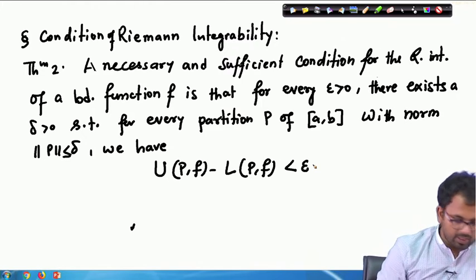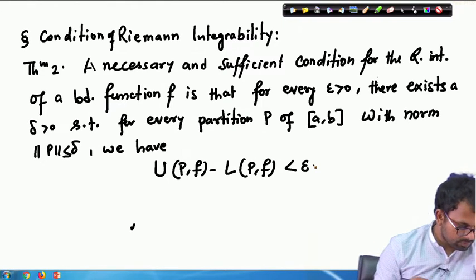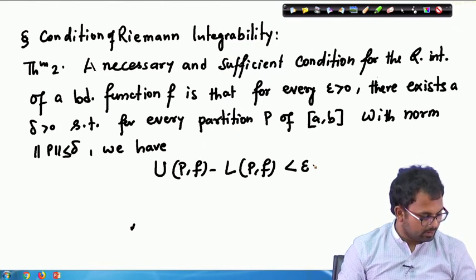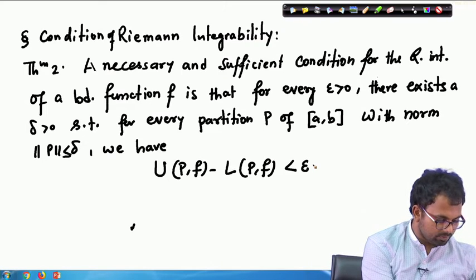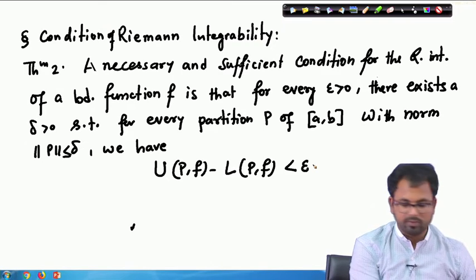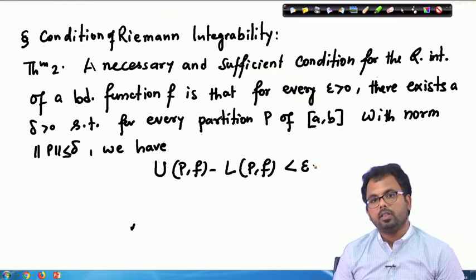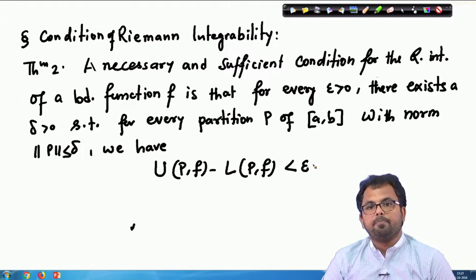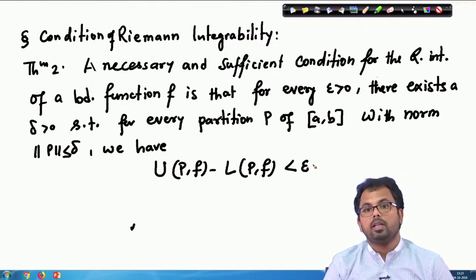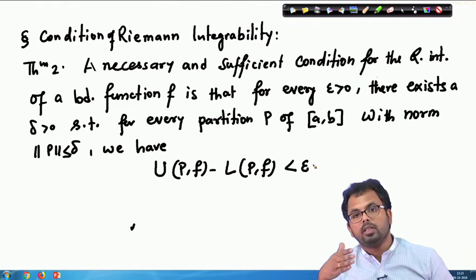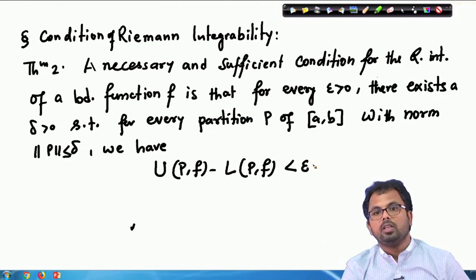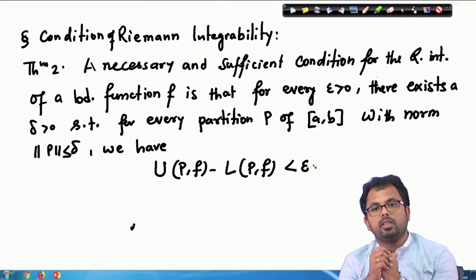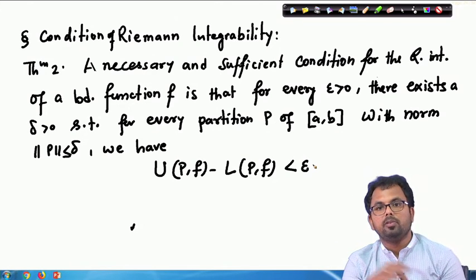Next we have several properties of a Riemann integrable function. For example, we know that if a function is bounded and it satisfies the condition UPF minus LPF less than epsilon, then it is Riemann integrable.